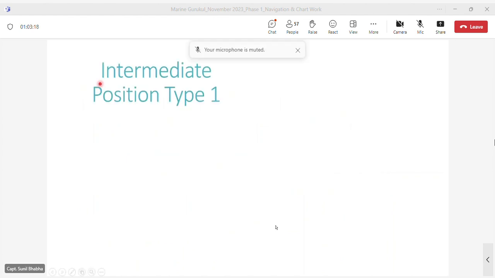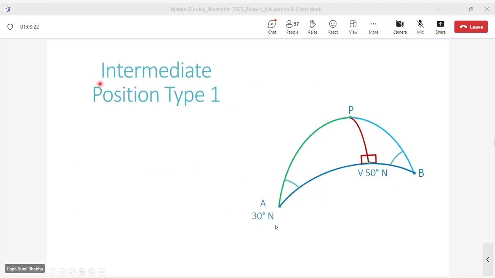Now let's try to solve an intermediate position type 1 problem. We can see a PAB triangle coming up here. The angles A and B are acute, so the vertex lies inside. So you can see the vertex in between A and B. Let's assume that our initial position is at 30 degrees north latitude and the vertex latitude is 50 degrees north.